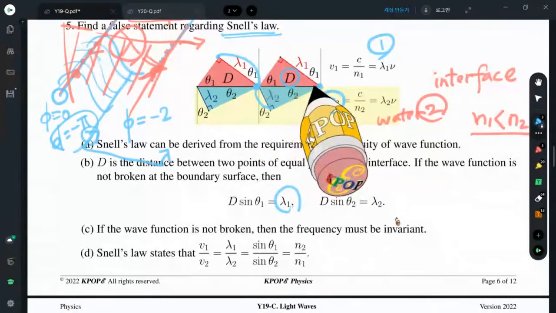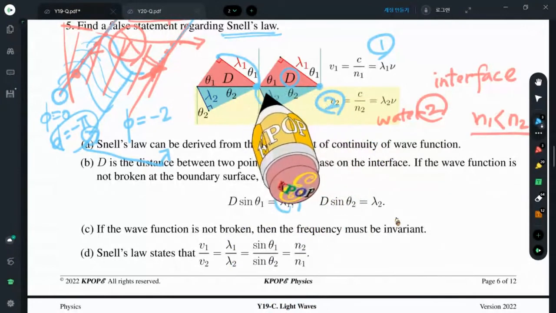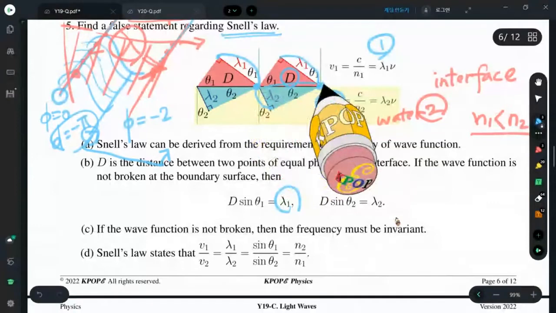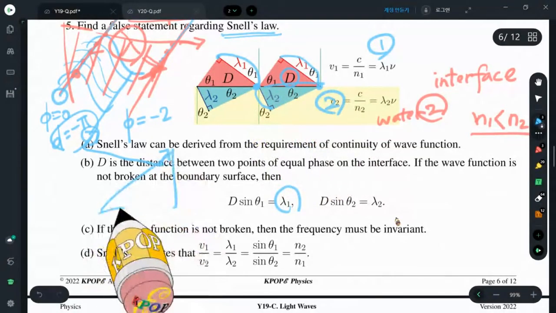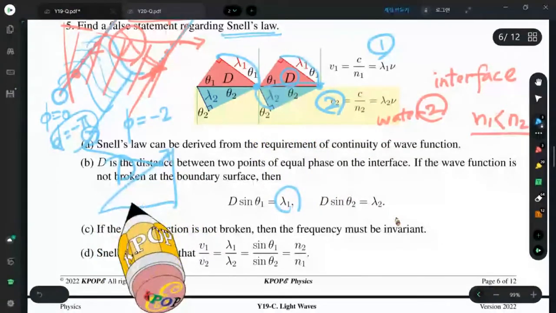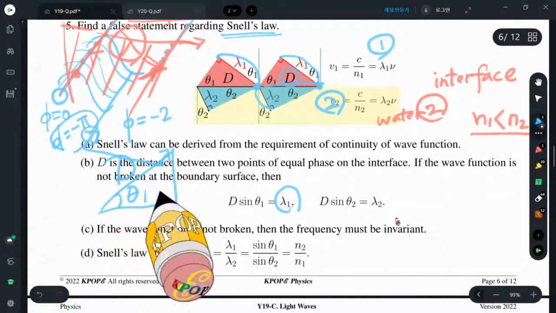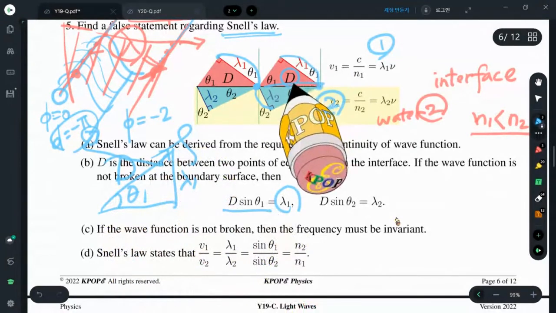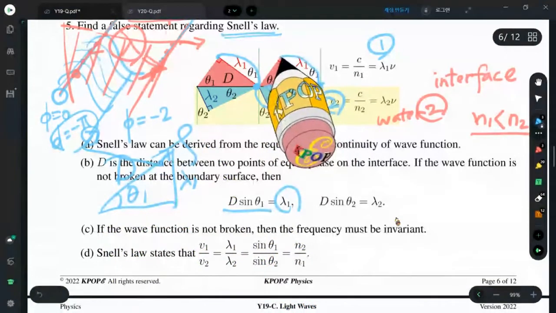D sine theta. This is D sine theta. Okay, we have a hypotenuse, angle theta 1, and lambda 1, D sine theta. D sine theta 1 equals lambda 1.